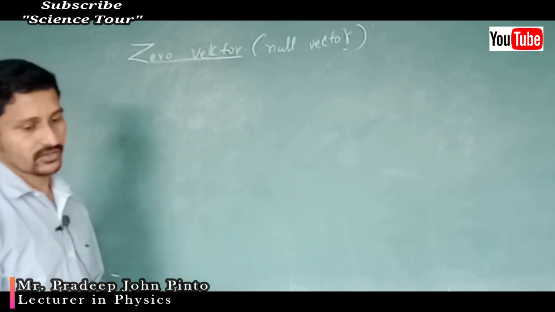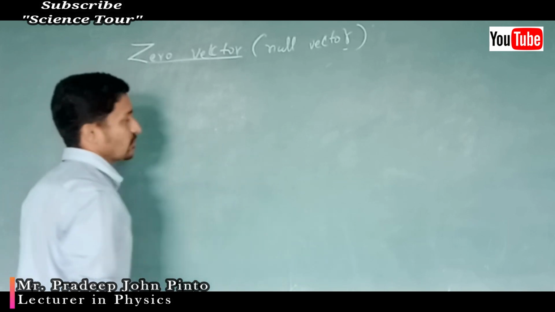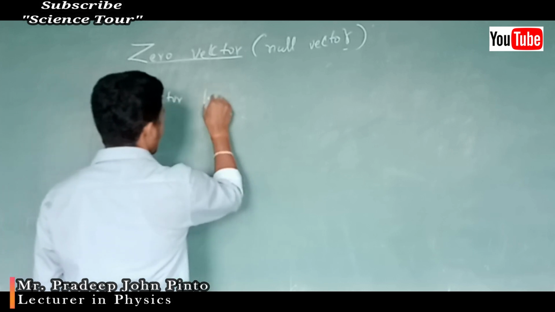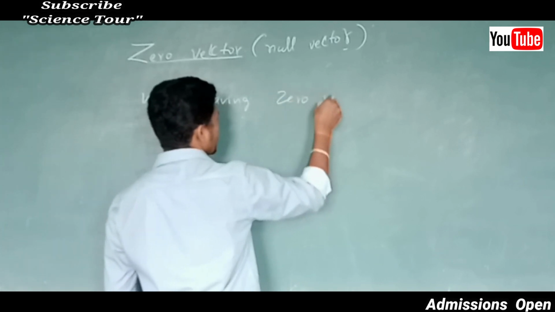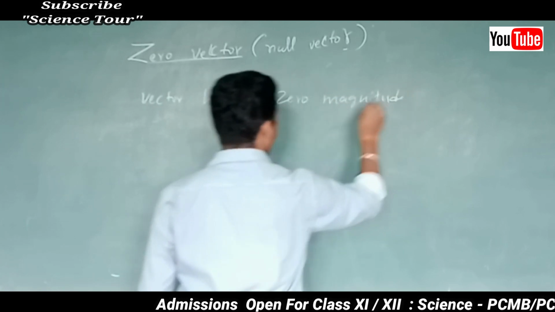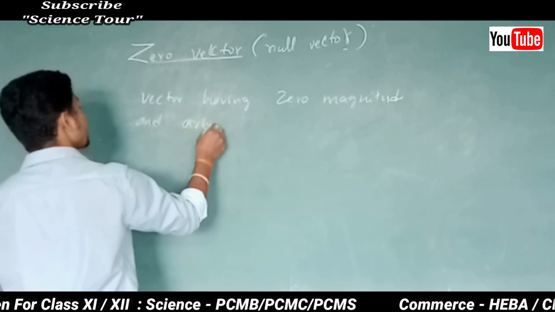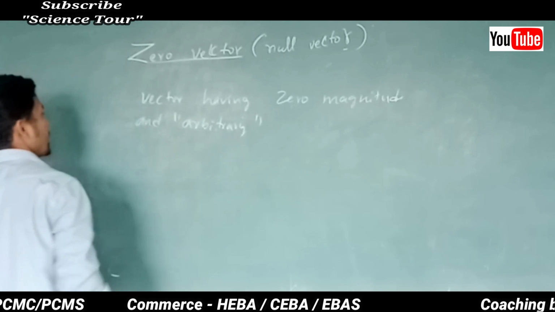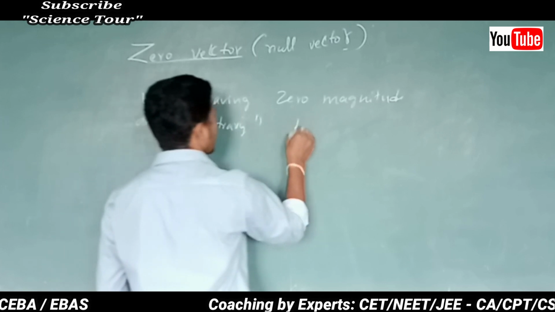So zero vector or null vector means a vector having, very important, zero magnitude and arbitrary direction. Remember this word, very very important: arbitrary direction.